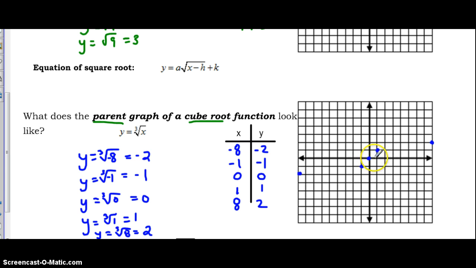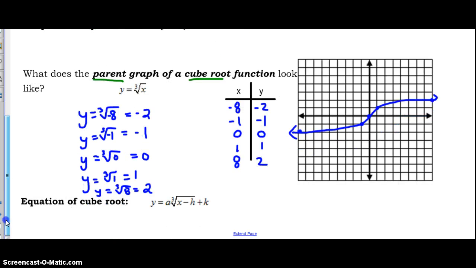Our 0, 0, 1, 1, and then 8, 2, and then negative 1, negative 1, and negative 8, negative 2. So this graph looks more like, if you're using your hands, if you've heard that song, Walk Like an Egyptian, it kind of looks like that motion with your arms.